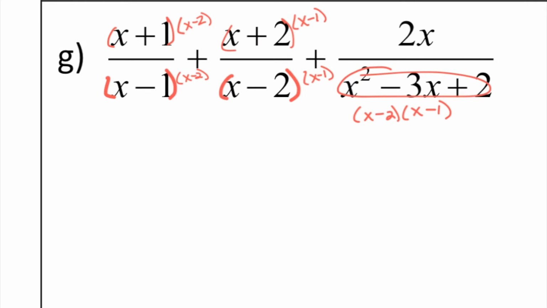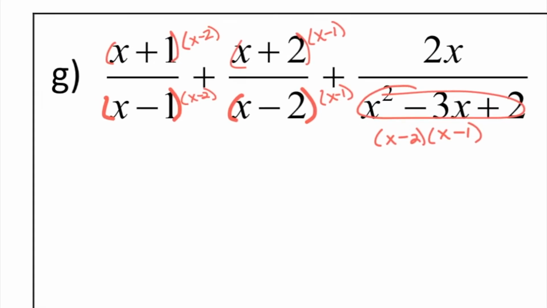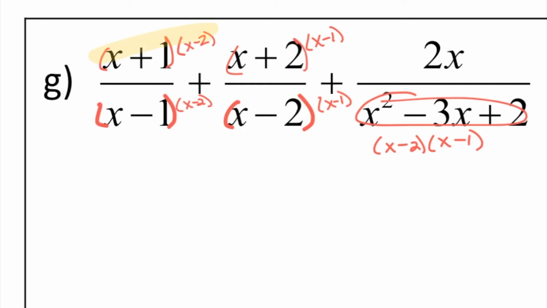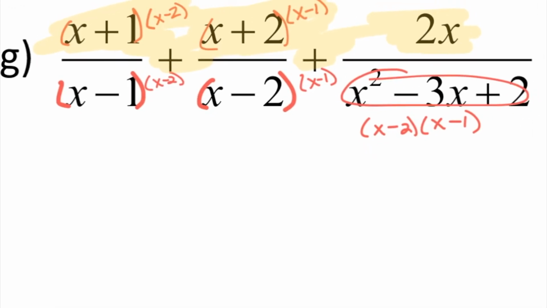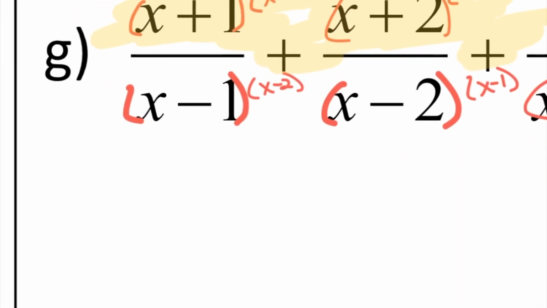And then I'm going to make my whole big new numerator, this whole big ugly addition problem up here. Yuck! Don't leave anything out because you have to include each of those things. And so from the first fraction, I've got x plus 1 times x minus 2.